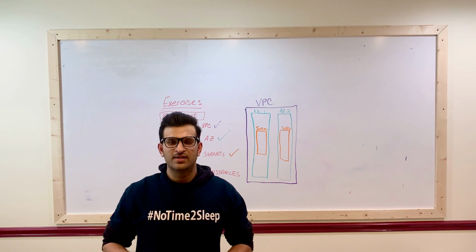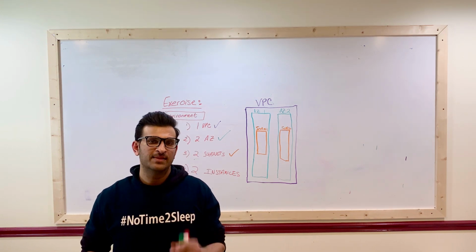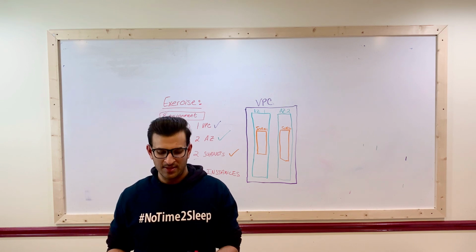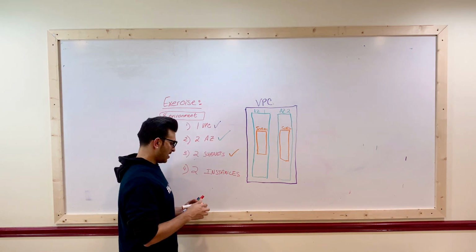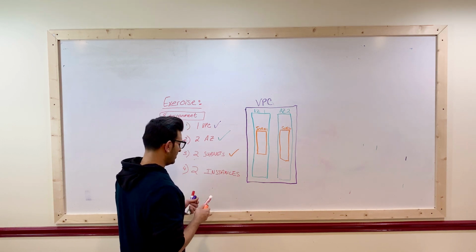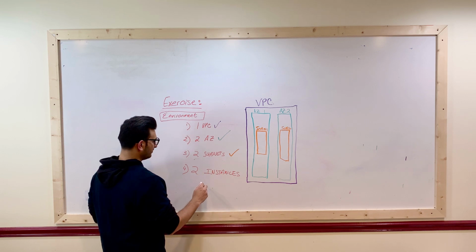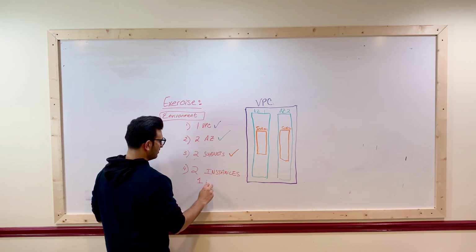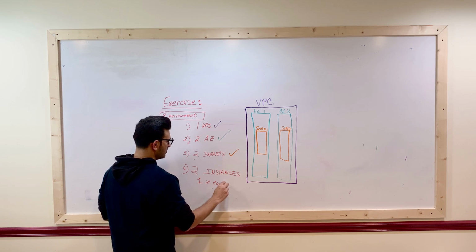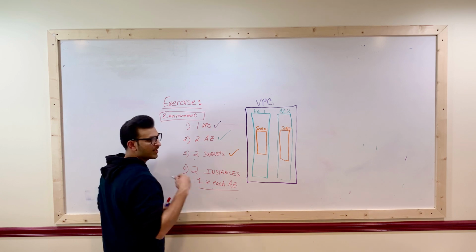All right, last but not least, I asked for two instances. We know that EC2 instances are in subnets, but what I did not specify, and this is my mistake, was that I wanted an instance in each availability zone. So this part I forgot to add.